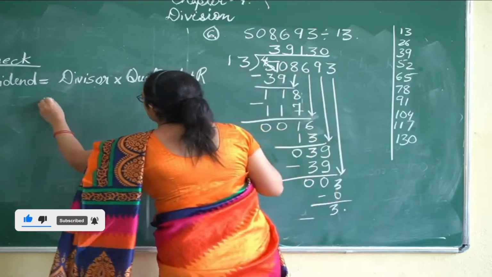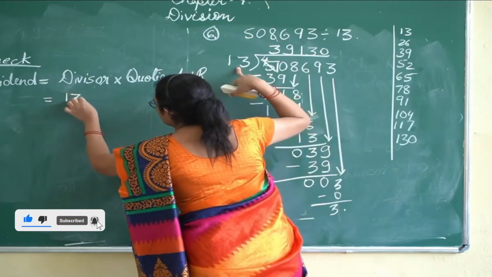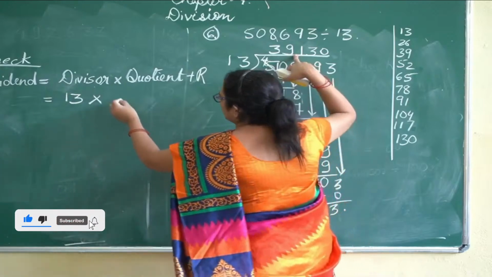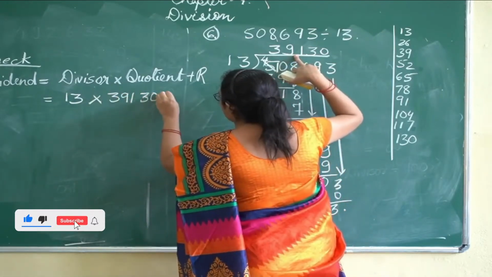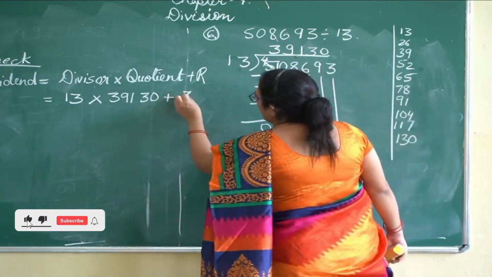What is the divisor? I have told you, 13 is the divisor, the number by which we are dividing. Quotient means the answer that we are getting, 39,130. Plus remainder. What is left here? 3. So we will add 3.